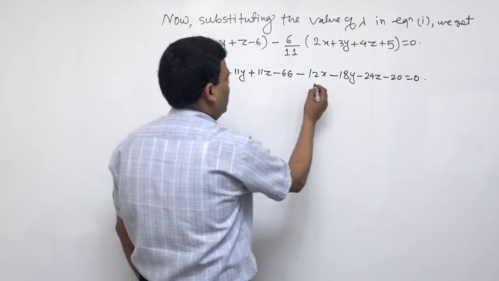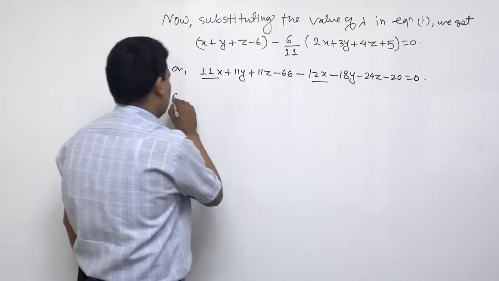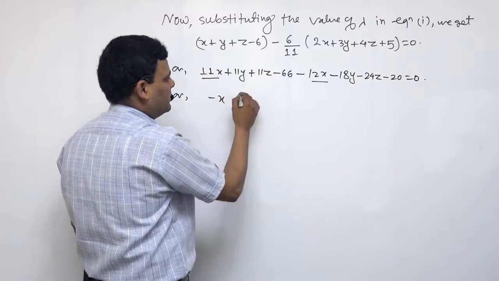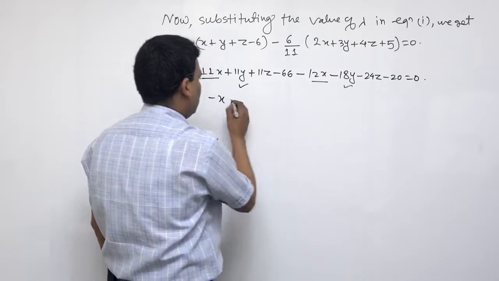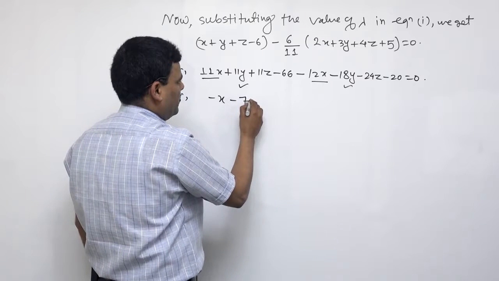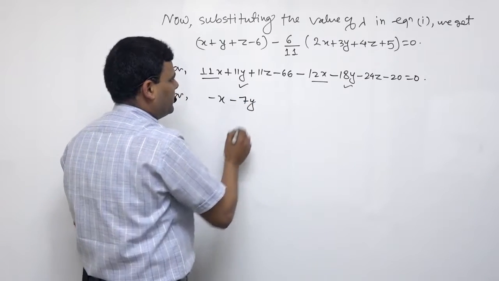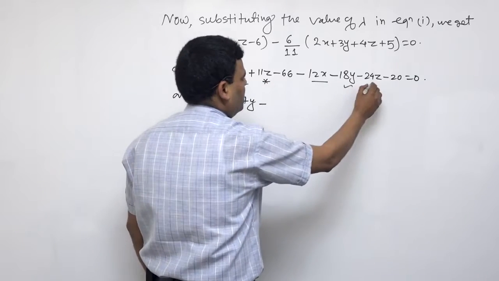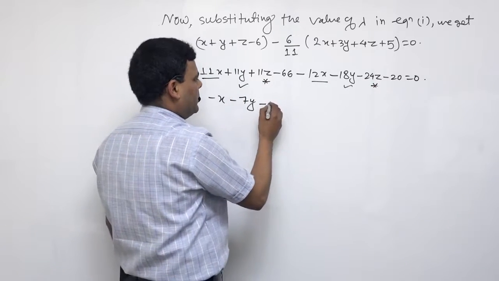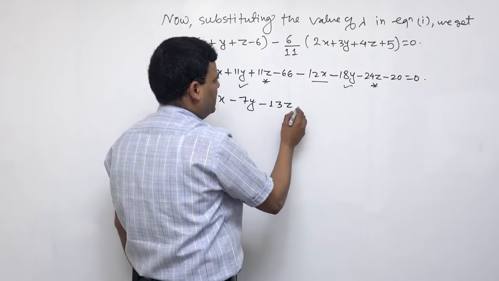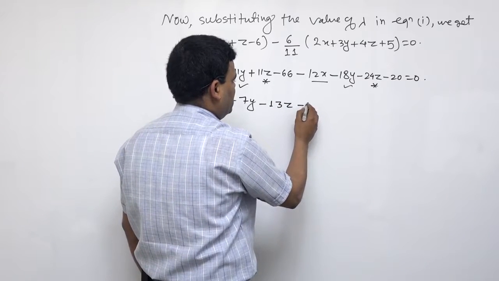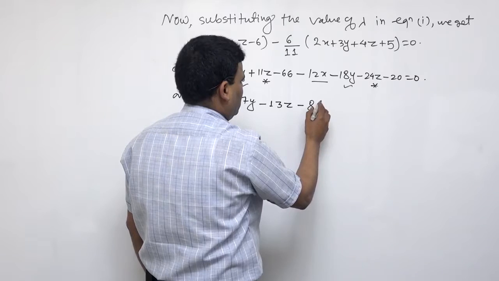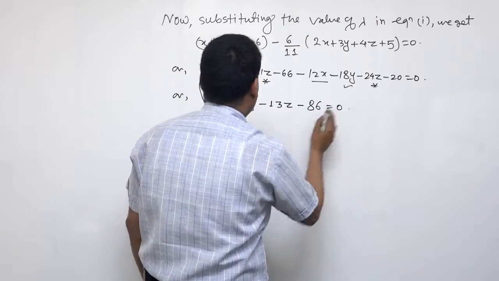Now let us bring the x terms together: minus x, 11y and 18 gives minus 7y, and the z terms together: minus 13z minus 86 equals to 0.